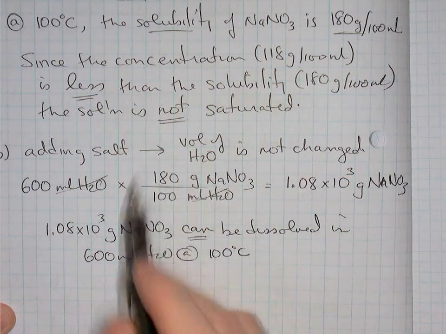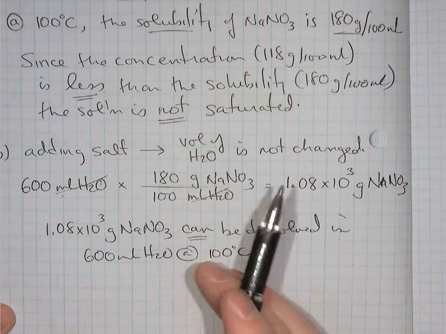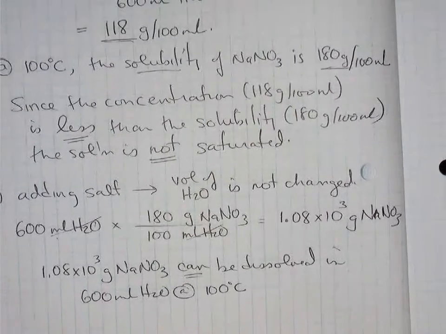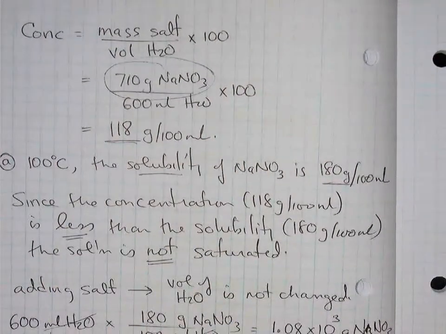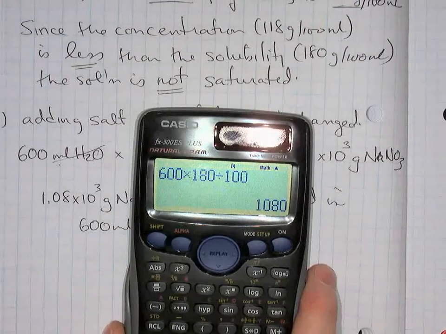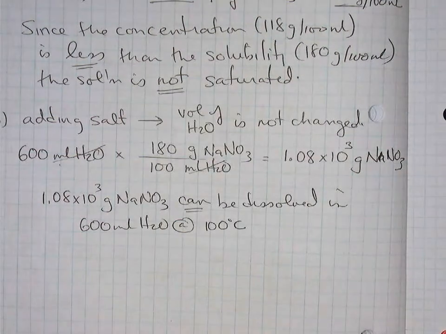So by using the solubility and the volume, we've just found how much salt could have been dissolved. But remember, the student actually dissolved 710 grams. That's how much they actually dissolved. And we've just found that they could have dissolved 1,080 grams, 1.08 times 10 to the 3.